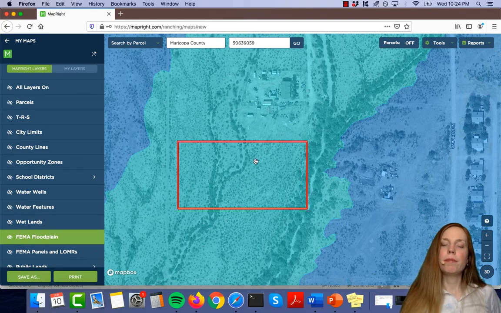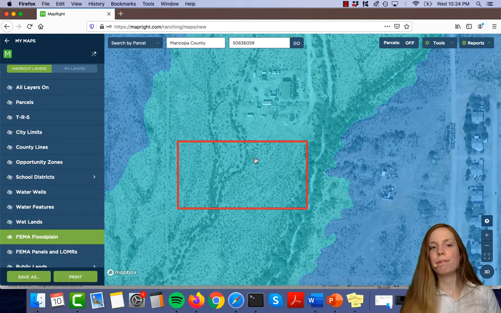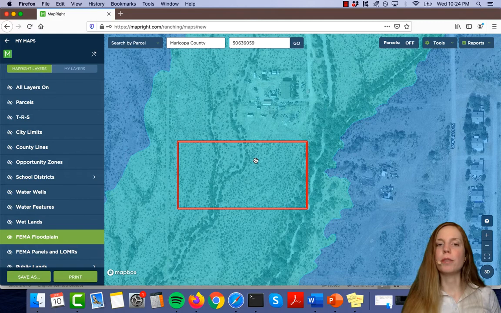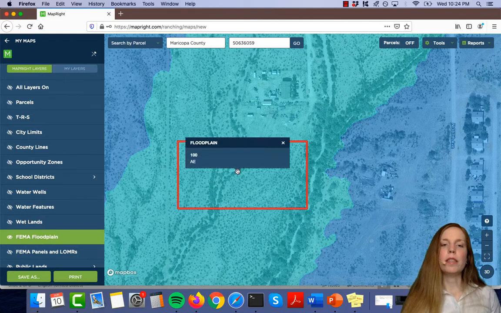Again, usually you need to go to a FEMA flood map and look it up on its own, but now you can just look it up as you're doing all your other research. So here we see that we are in a special hazard flood area. Special flood hazard area. It's a 100-year floodplain, and it's a AE zone.